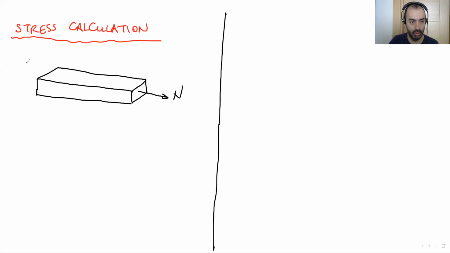If we have a section at the mid portion of this frame member, I'm going to cut the system from this red section and draw it down over here. Let me draw it again here.